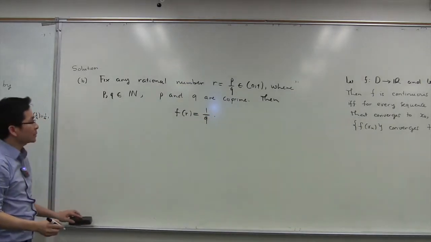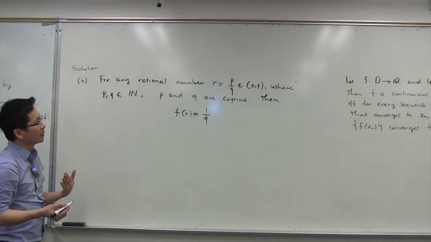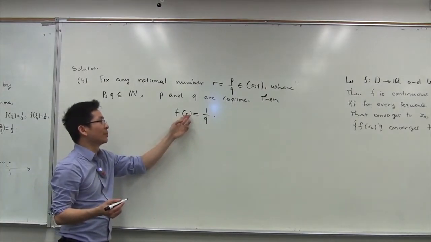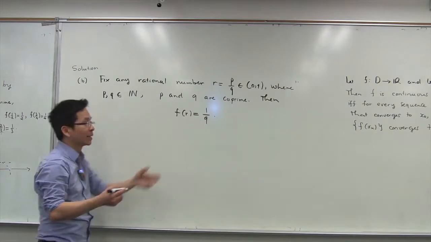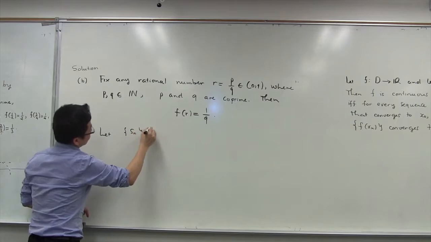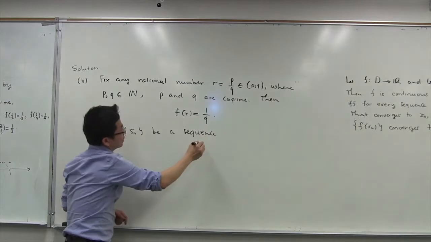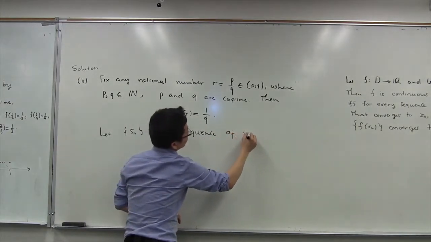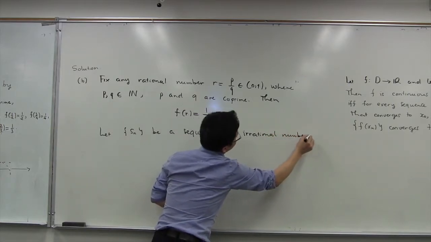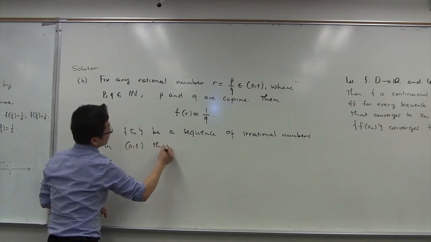Now, by the density of the set of all irrational numbers, we can always find a sequence of irrational numbers converging to r. So let s_n be a sequence of irrational numbers in the interval (0, 1) converging to r.